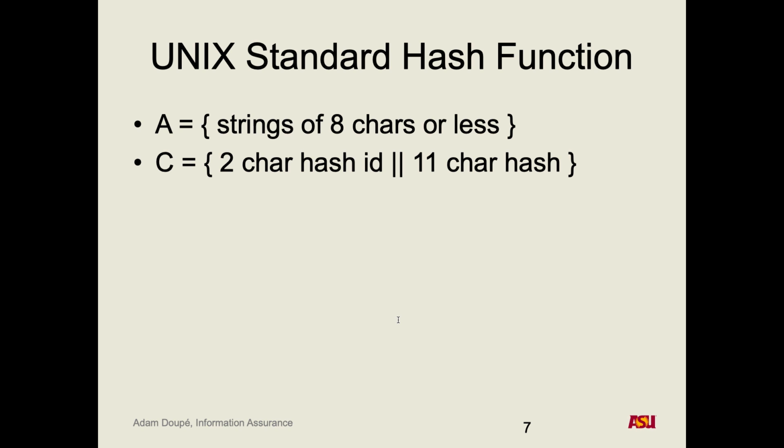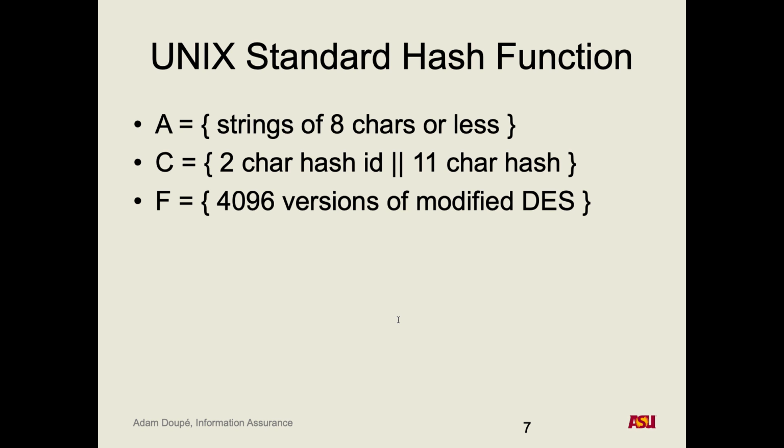And the idea was what we store is an 11-character hash of the password and a 2-character hash ID, essentially our salt. And you can think about it in this sense: there are 4,096 versions of modified DES that depended on the hash IDs. So this is the idea of having your salt change the hash function.